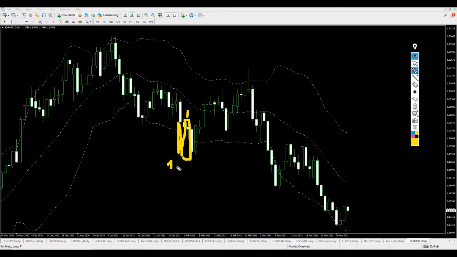So this is candle number one, candle number two. This is the first one. To go short, we're looking for a candle to close above the upper Bollinger Band, and then the very next one to open above and then close back inside the band. This is to go short.